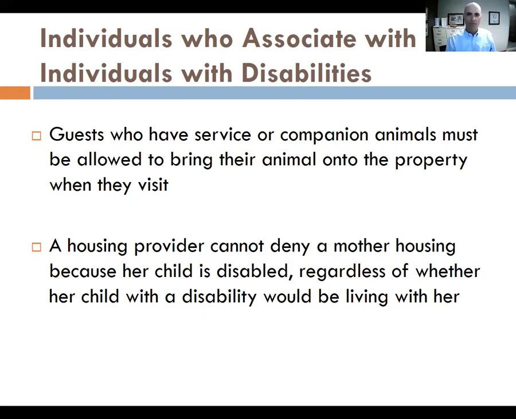Or you're going to make a decision about some attribute of her housing that she objects to because her disabled child comes to visit. You would have to take the disability of that child into consideration because the mother is an individual associated with someone with a disability. Go to the next slide.